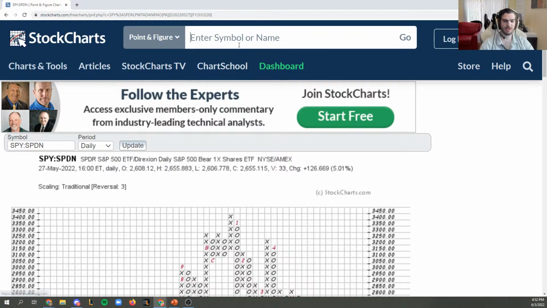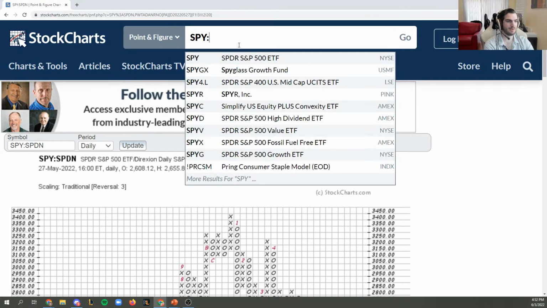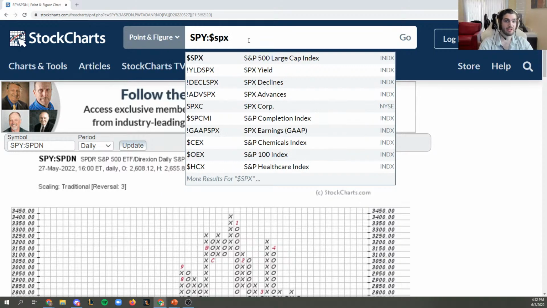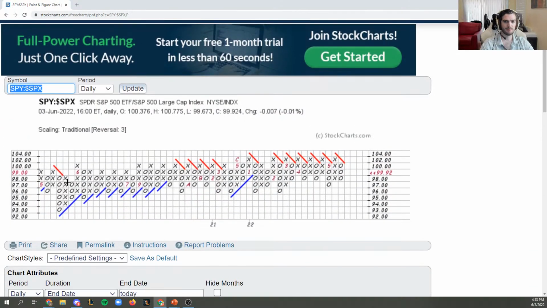So if you come over here, we can do SPY and compare it to dollar sign. Dollar sign is telling StockCharts that we want an index. There are tons of them. SPX is the S&P 500 index. So this is what that chart looks like.